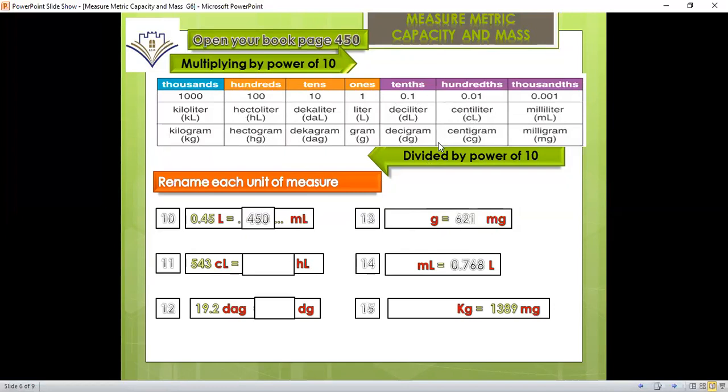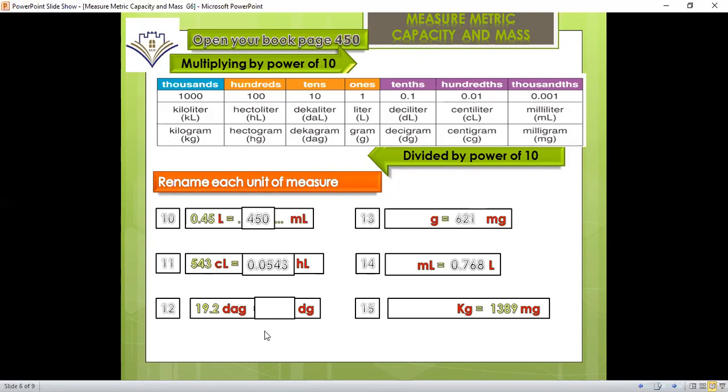How many moves? 10, 10, 10, 10. 4 tenths means 10 multiply 10 equals 100, multiply 10 equals 1,000, multiply 10 equals 10,000. Then divided by 10,000. Then move the decimal places. How many places? 4 places to the left. 1, 2, 3, and then put 0s, and then the decimal point.